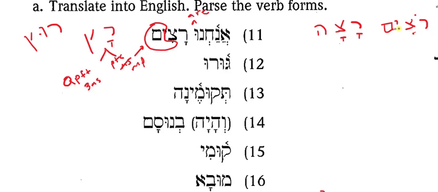So it would be rotsim. So you're right, this would have that holem. Up to this point, every qal active participle that we've seen is going to have a holem or a holem vav. So this is that one difference there. Yeah, very good.